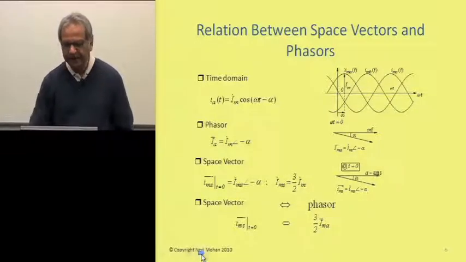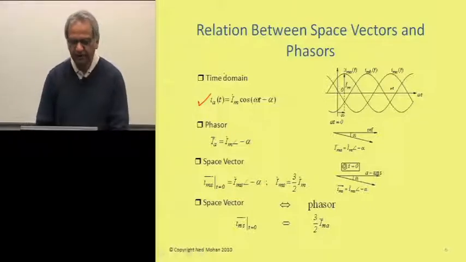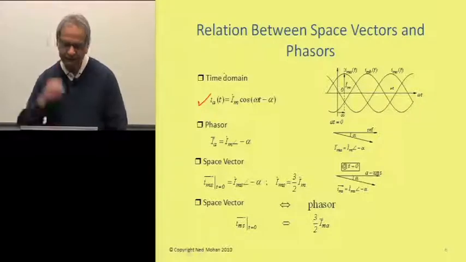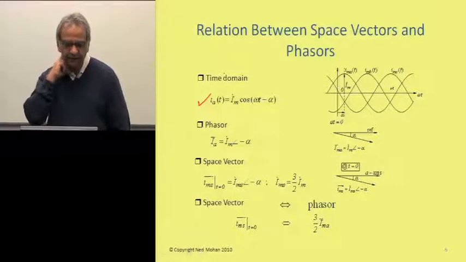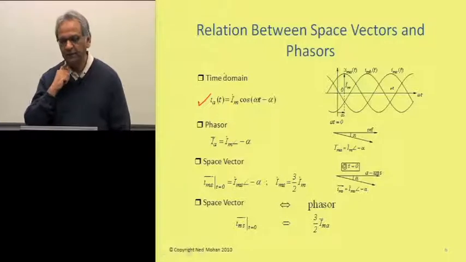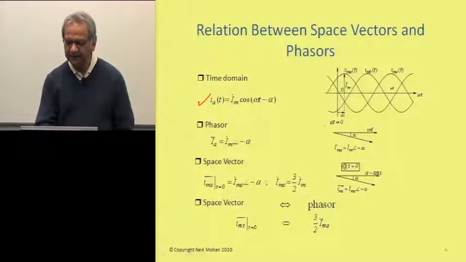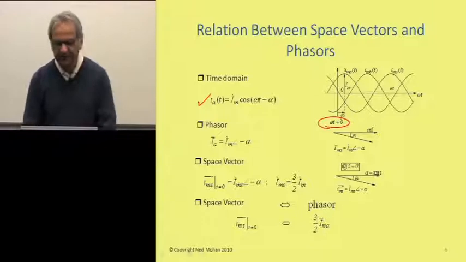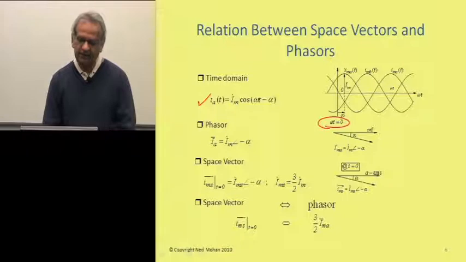So I sub A in time domain, as you can see, is given by this expression, where time could be anything. In this case, at omega t equal to alpha is when the current is peaking. So the time origin is not chosen to be when the current in phase A is maximum. If I said that earlier, I was incorrect. It's somewhere other than maximum at time t equal to 0.